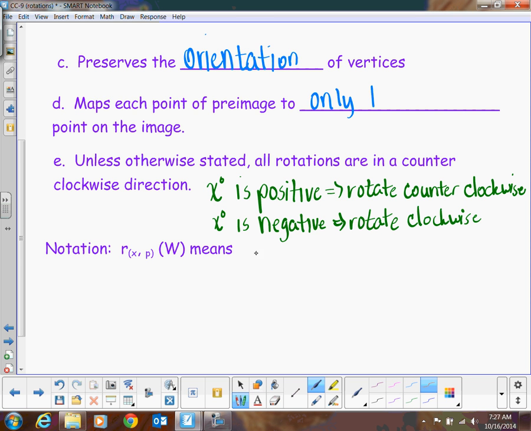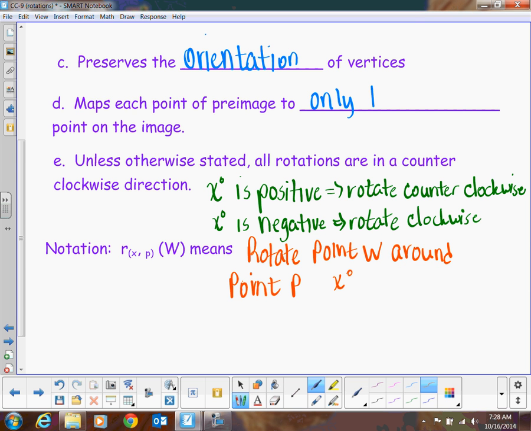This means rotate point W around point P x degrees. That's an x comma P. So that means rotate point W or figure or triangle ABC around point P x degrees.